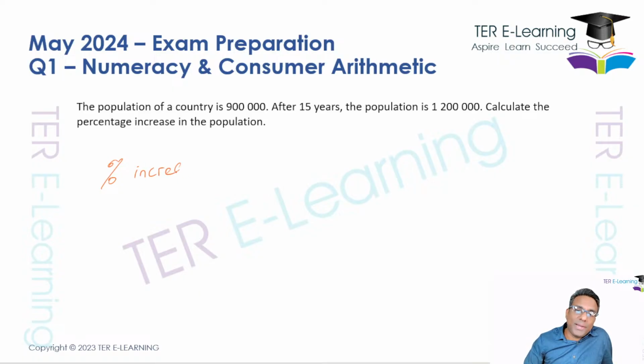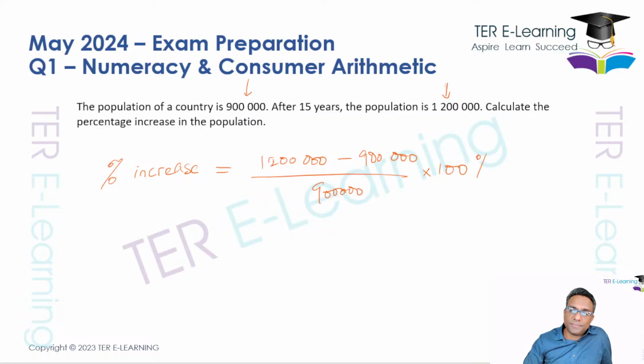You're going from this figure to this figure, so the actual increase will be 1,200,000 minus the 900,000. And we have to divide by the original amount, which in this case is 900,000, and you multiply that by 100.